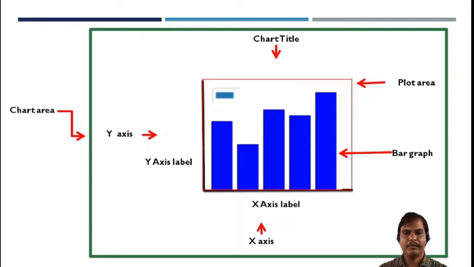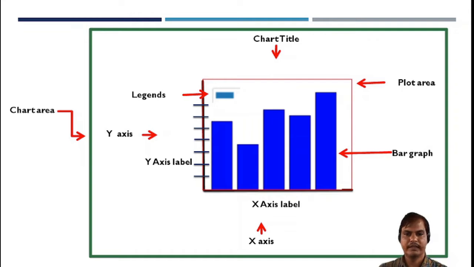Sometimes when there are multiple bars, then we display a small box inside the chart. That box denotes the color or identification of each bar, and is called a legend or legends.